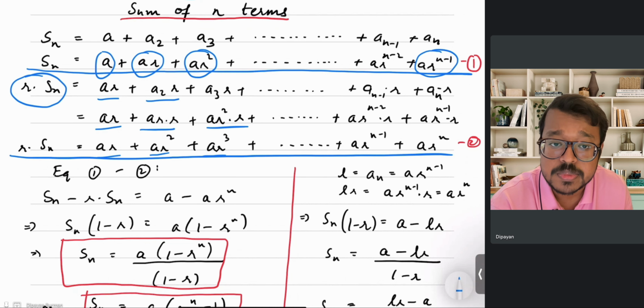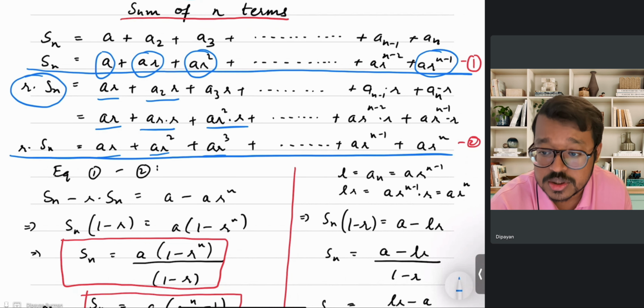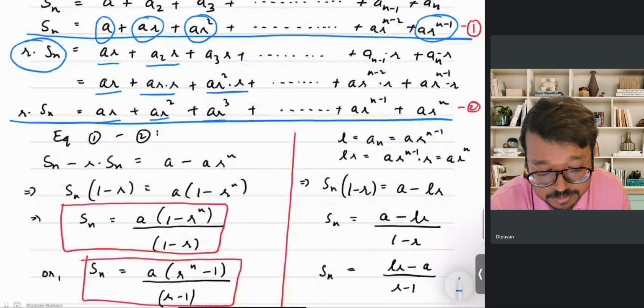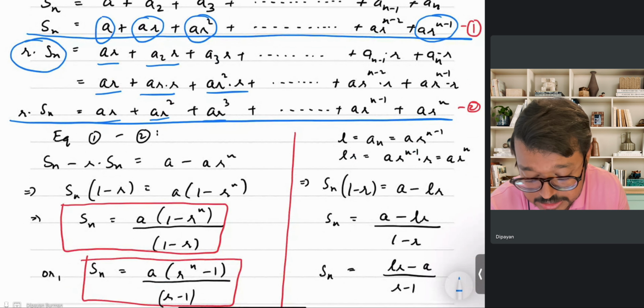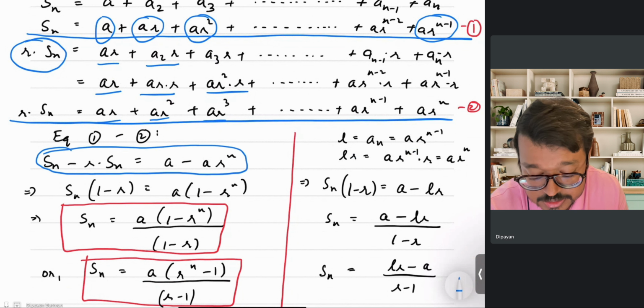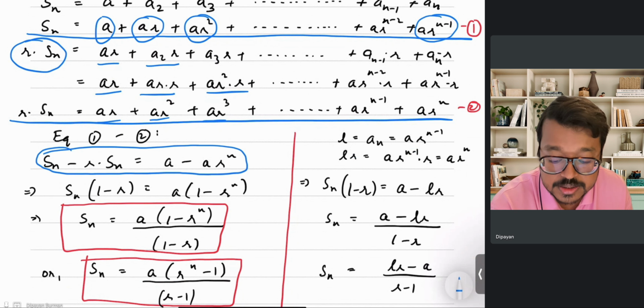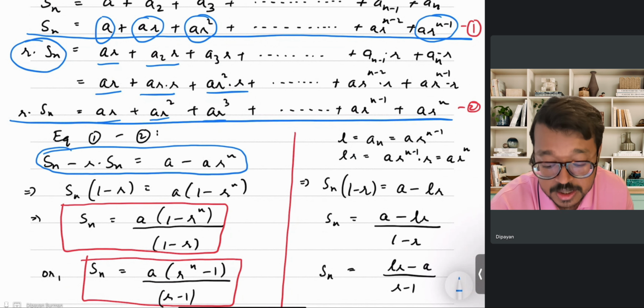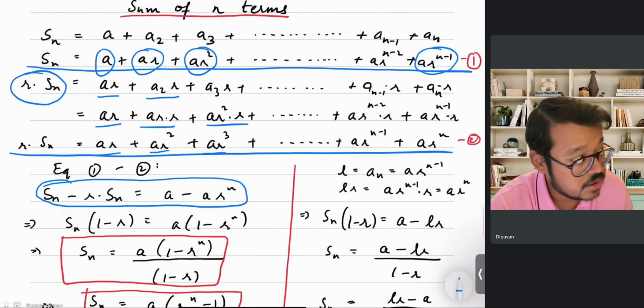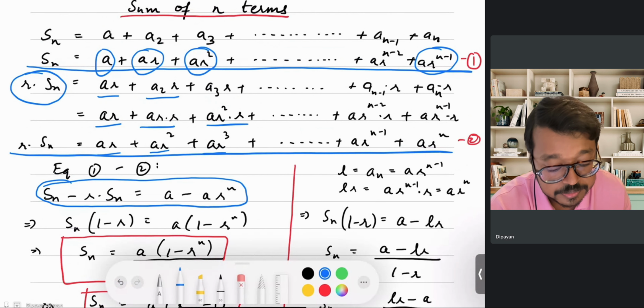If I do a subtraction, equation 1 minus equation 2, then I will get sum of n terms, Sn minus r times Sn, equal to a minus ar to the power n, because all the in between terms will cancel each other out.